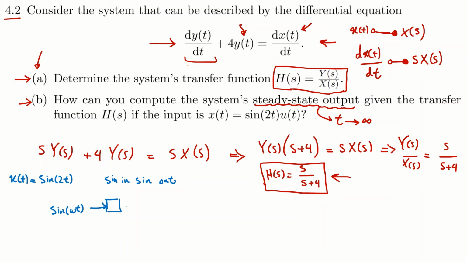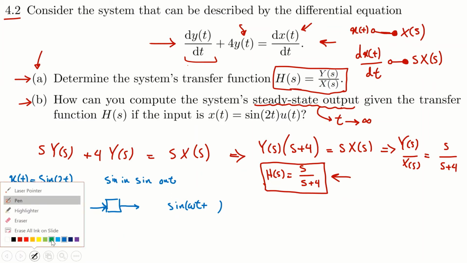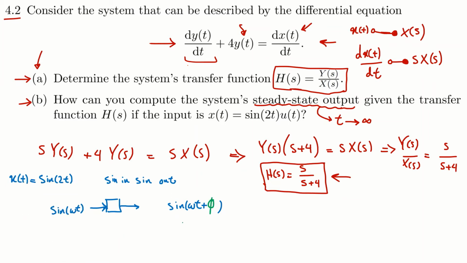That means if the input is a sine signal, then the output would also be a sinusoid with the same frequency, but there might be a change in the phase and the amplitude of the signal.